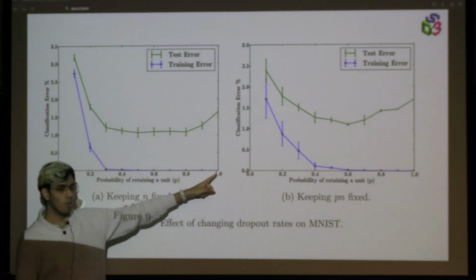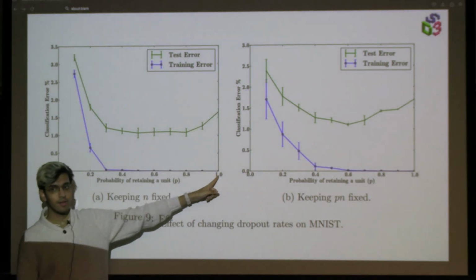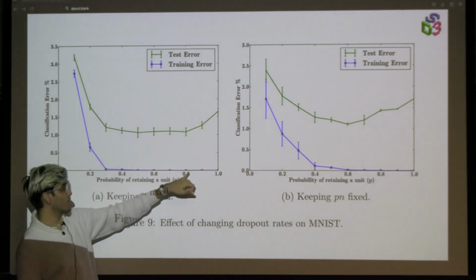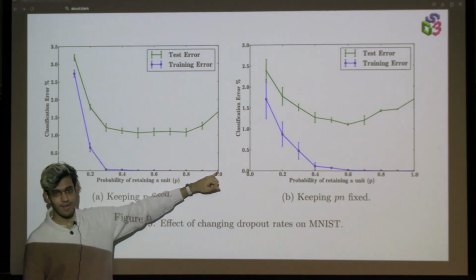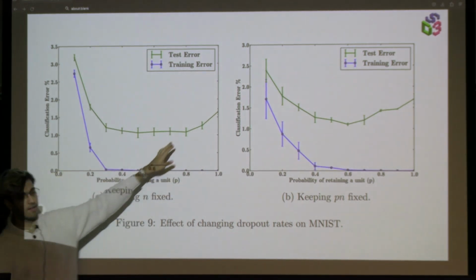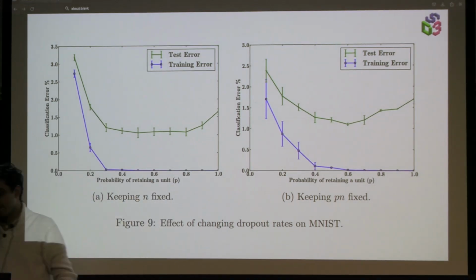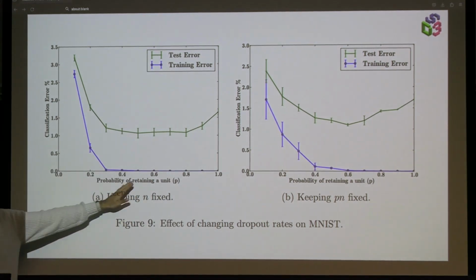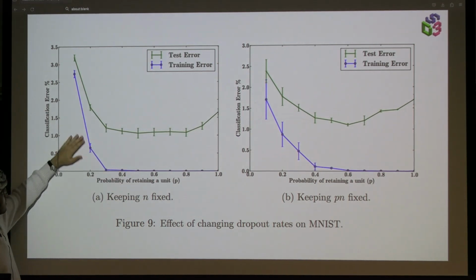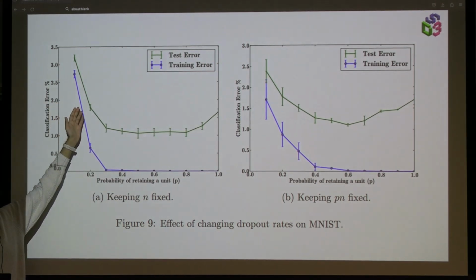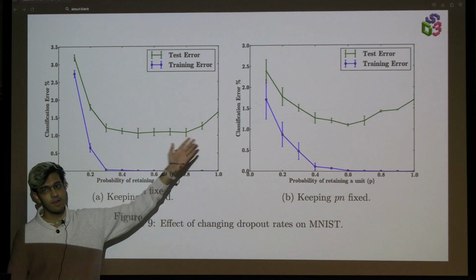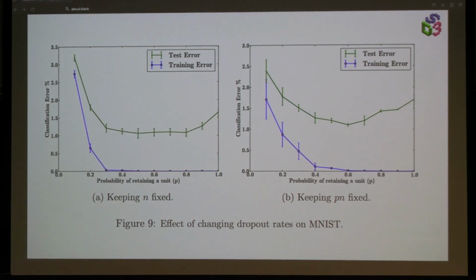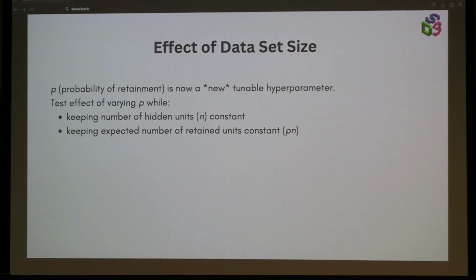Well, it's because at 1, it's just the normal neural network, which is overfitting. So it works amazing on the training data, right? You have an error rate of 0, but it doesn't work as well on the test data set. So you want your P to be somewhere in the middle, not so low that you don't have enough units to train, and not so high that overfitting comes back. Okay.